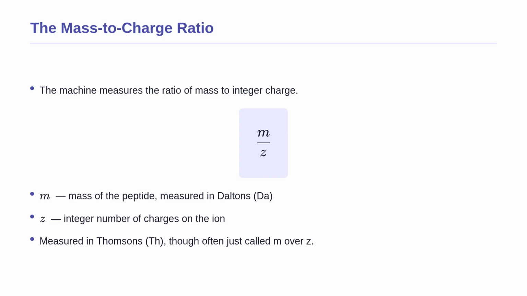In this simple formula, m represents the mass of the peptide ion, typically measured in daltons. The variable z represents the integer number of charges on the ion, such as +1 or +2. When the mass increases, the ratio increases. But if the charge increases, the ratio decreases, meaning the machine feels the molecule as being lighter. The final unit is the Thomson.